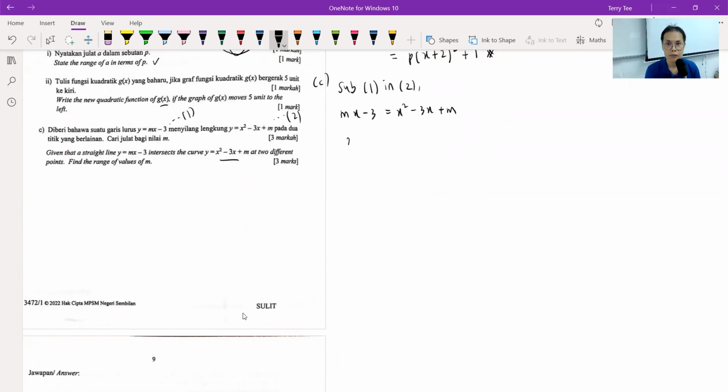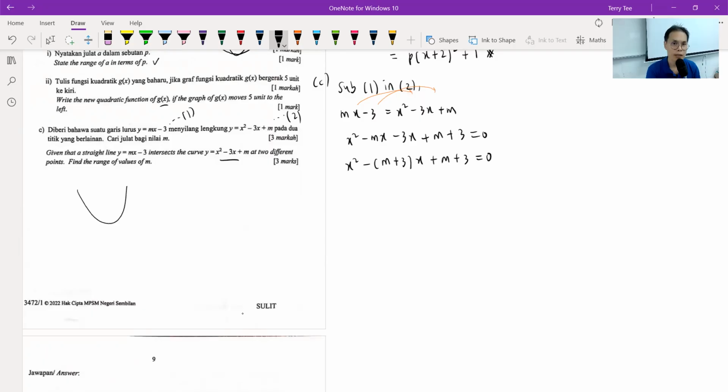Next, we bring everything to the right-hand side. I'm going to write minus mx minus 3x plus m plus 3 equals 0. Now we need to factorize these two first. Take out x: x squared minus (m plus 3)x plus m plus 3 equals 0.